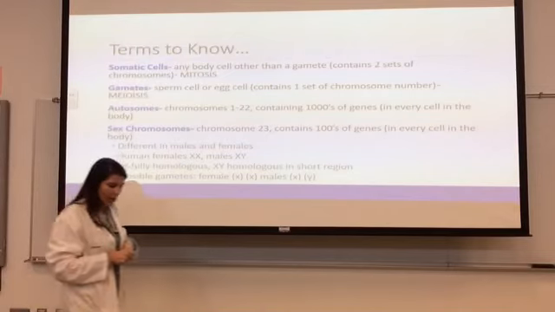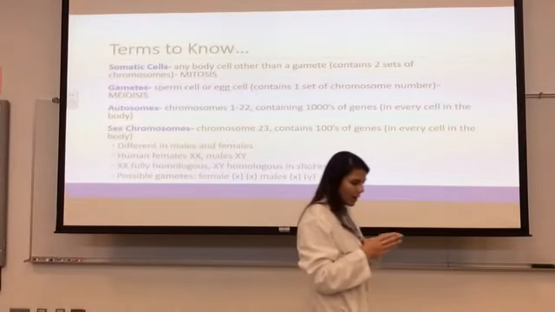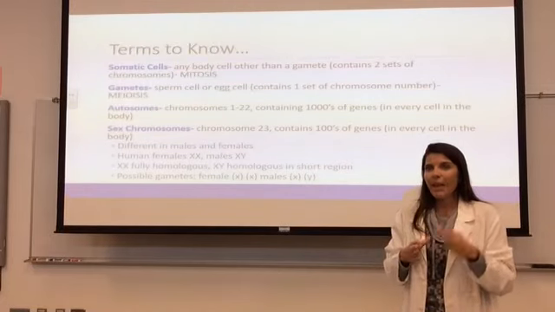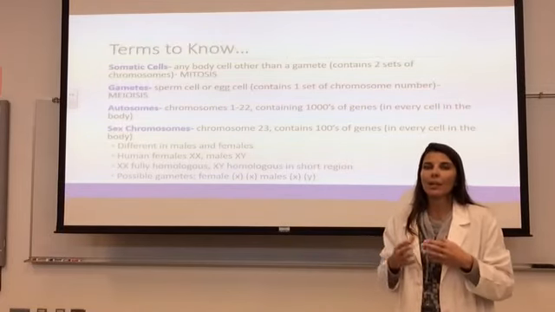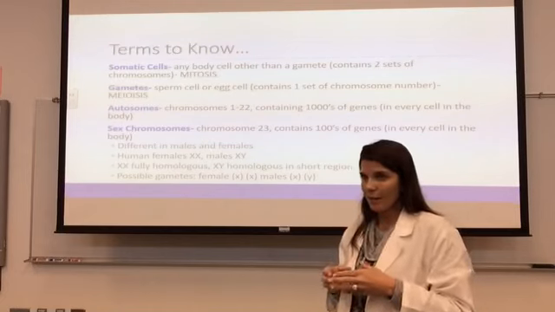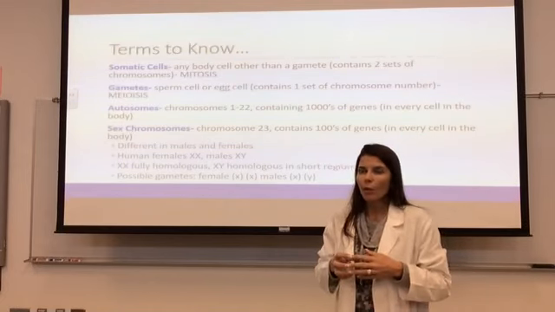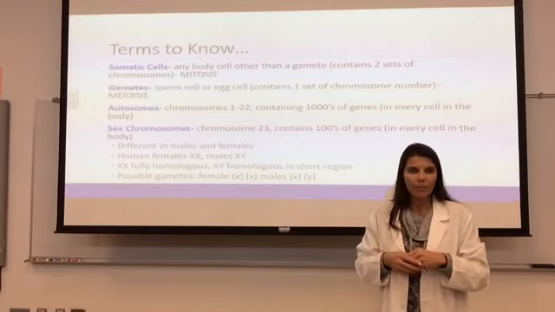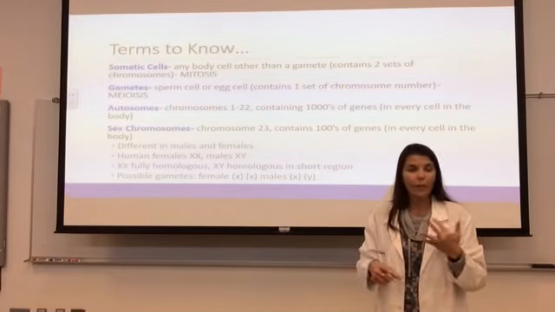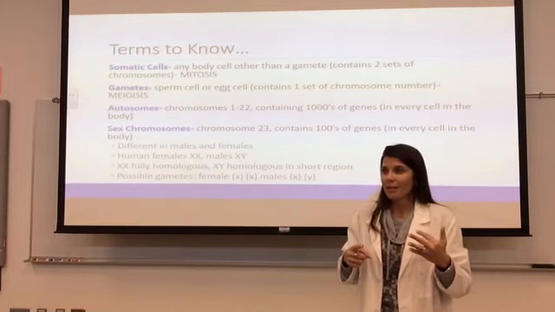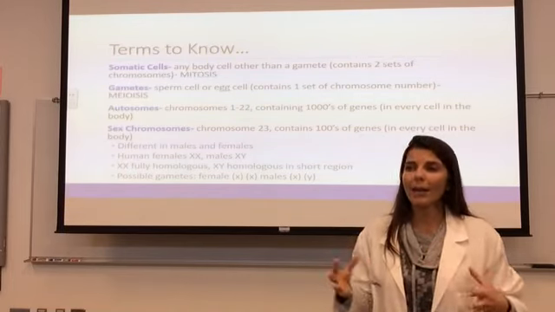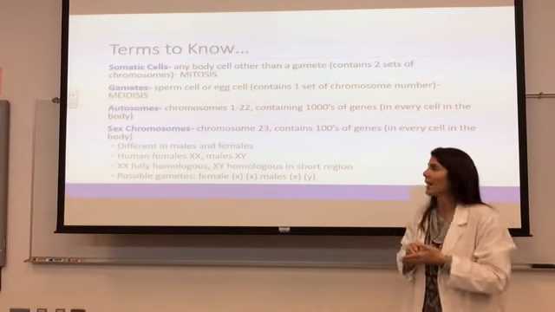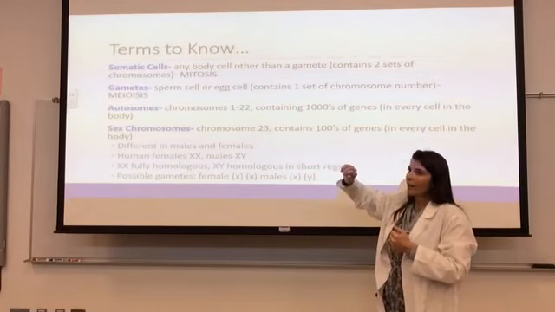Somatic cells are any cell in your body that is not a gamete. What are some examples of somatic cells? Skin, bone, liver, kidneys. Those are all somatic cells.